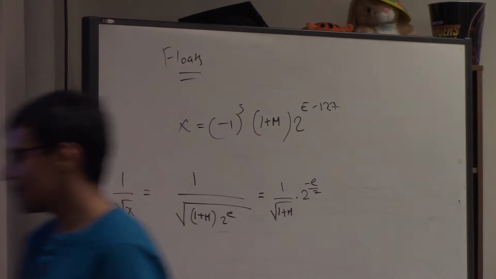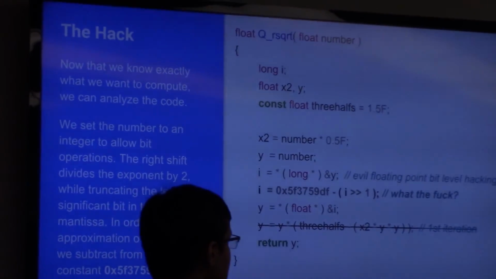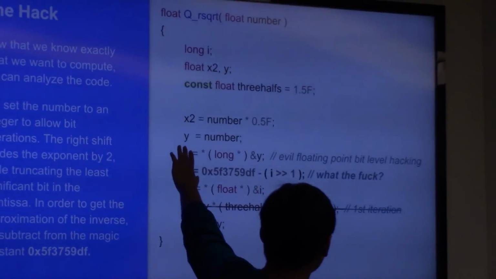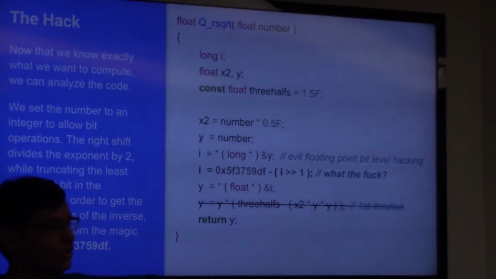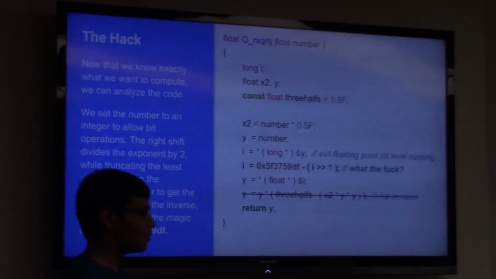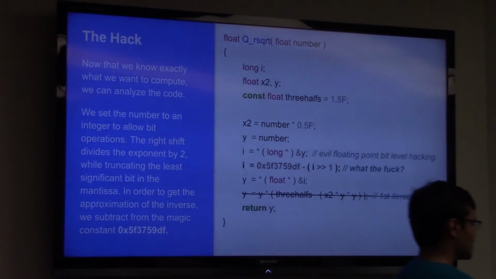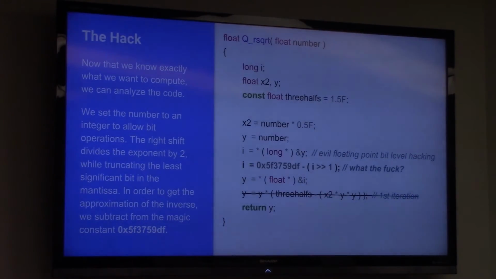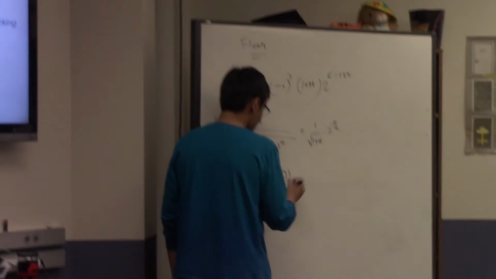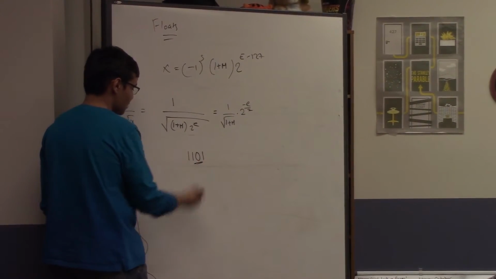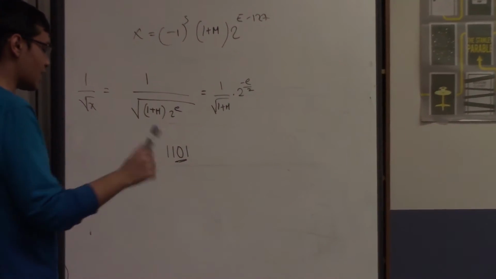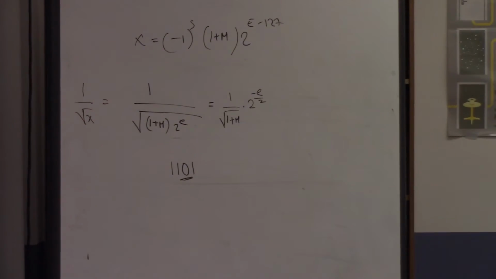All right. So let's see what we have to do here. Now that we know how floats are represented, we want to do a bit shift. A bit shift really means, let's say I have this number in binary. If I shift the bits right by 1, actually I can just show you the code.